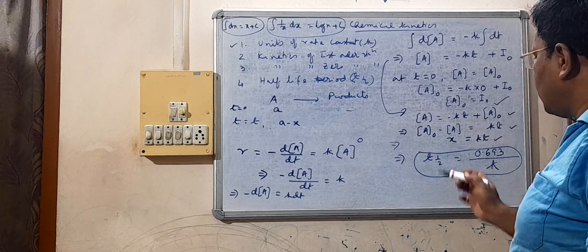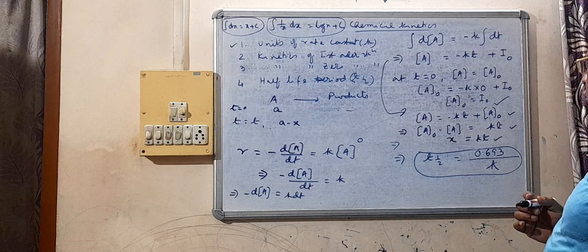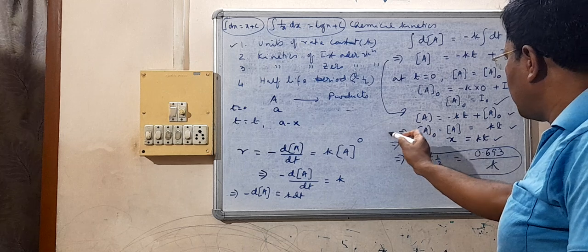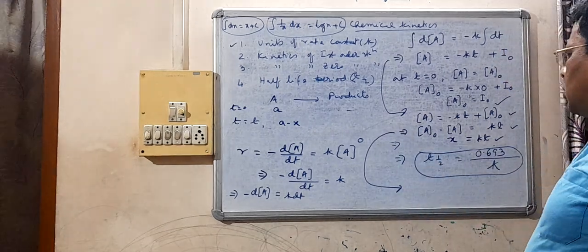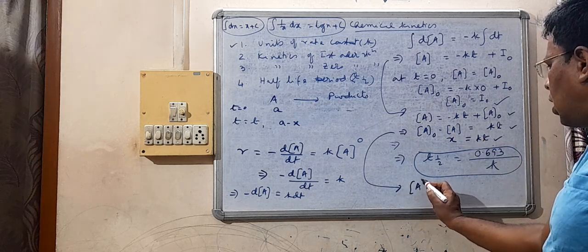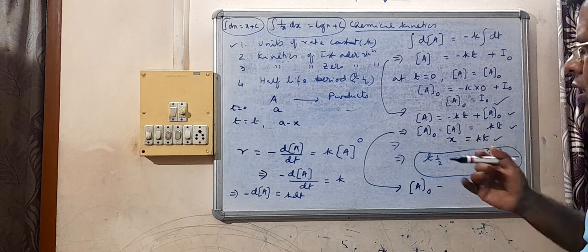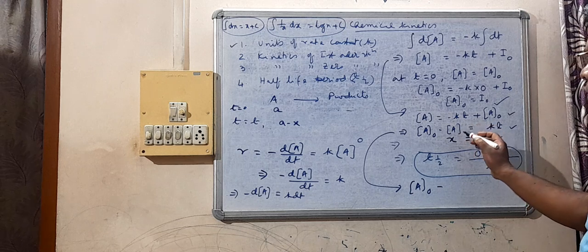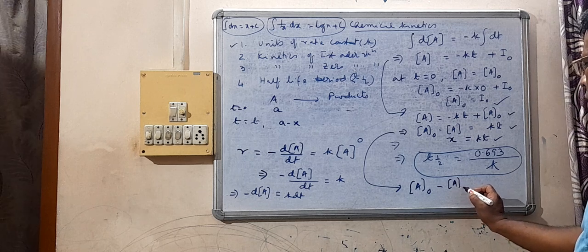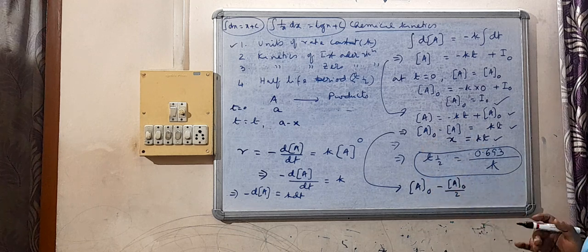Now coming to the half-life period expression in case of zero order reaction. Let us start from here. For A naught, we write A naught only, and concentration at time t will become half of this, because half has reacted and half will be left behind.